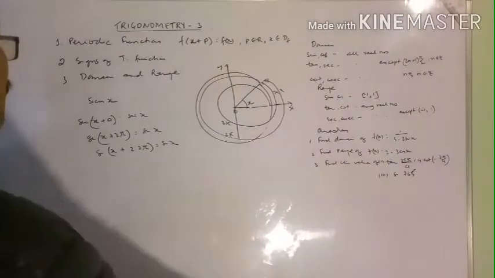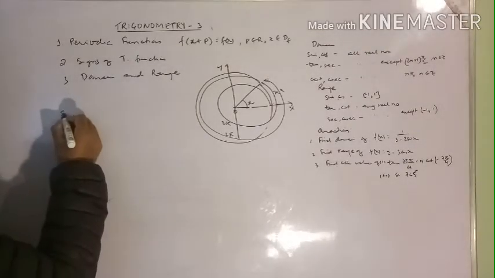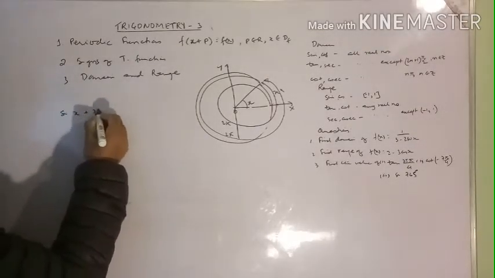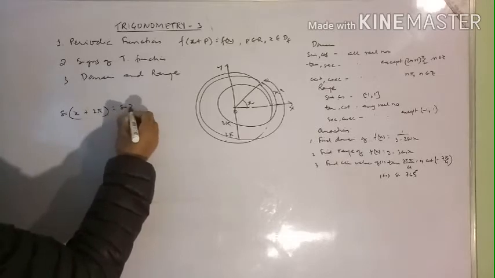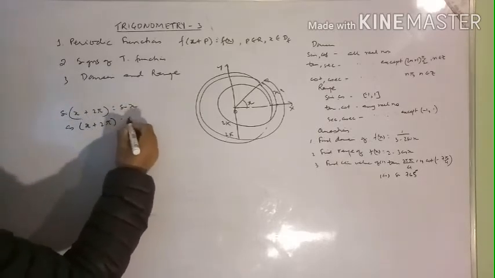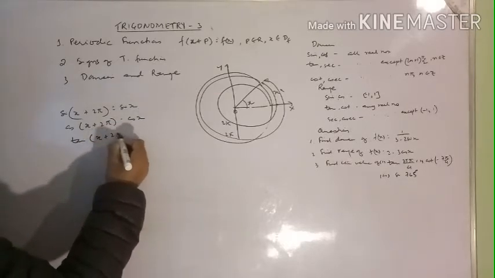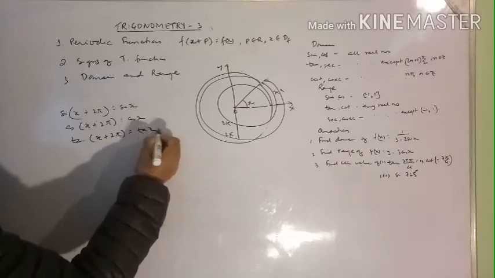So you see now, from here, sin x plus 2 pi is equal to sin x. Similarly, cos x plus 2 pi is also cos x, and tan x plus 2 pi is also tan x.